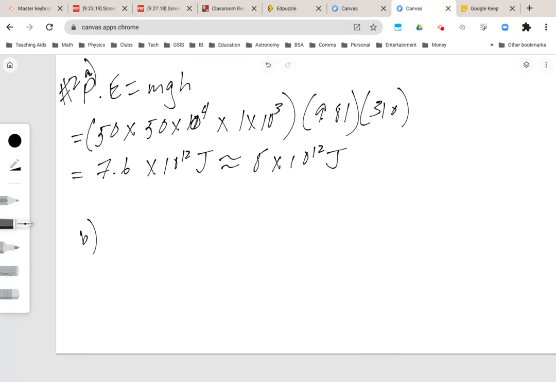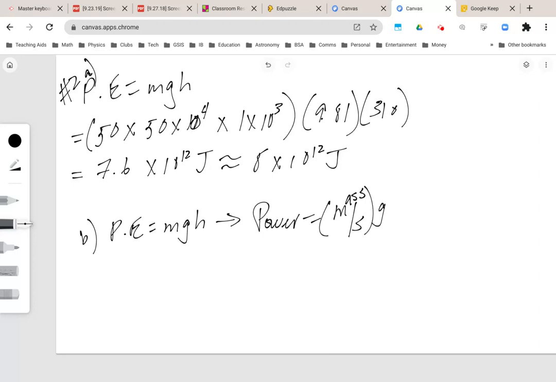So if the potential energy is mgh, well then the power is going to be the mass per unit time. That's not meters per second, that's mass per second. We're actually told the volume, but we know the density, don't we? So I could take the mass per unit second, and then that's going to be times the G and the H.